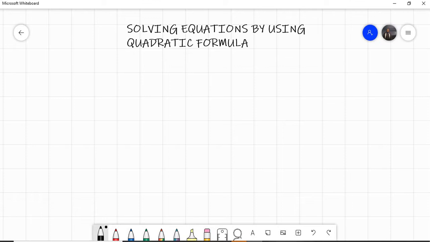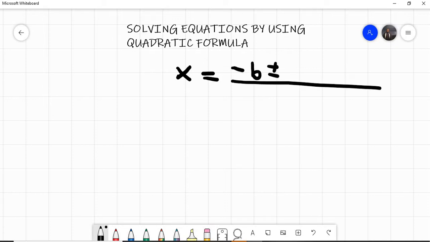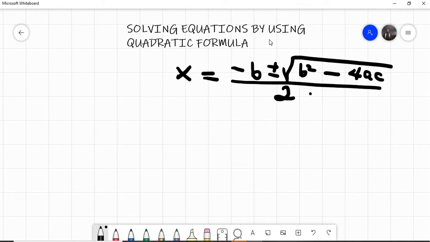First we have to write the formula. x equals minus b plus or minus square root of b squared minus 4ac, divided by 2a.